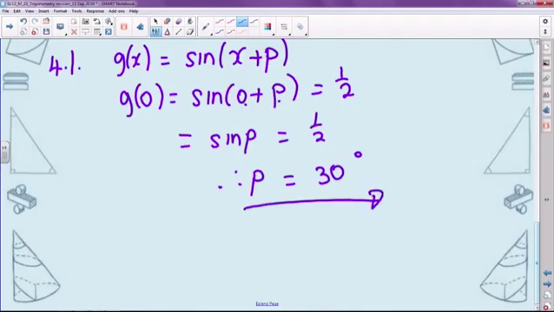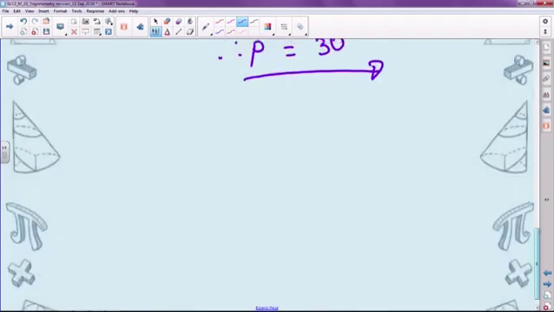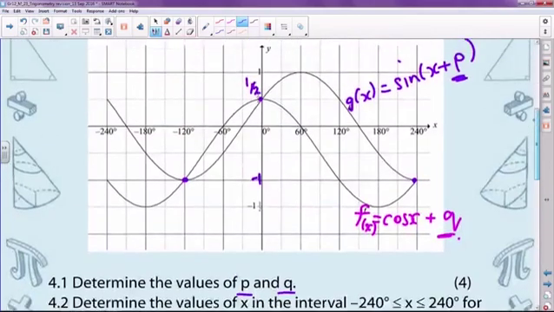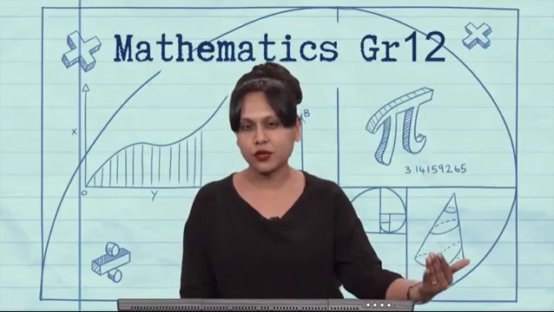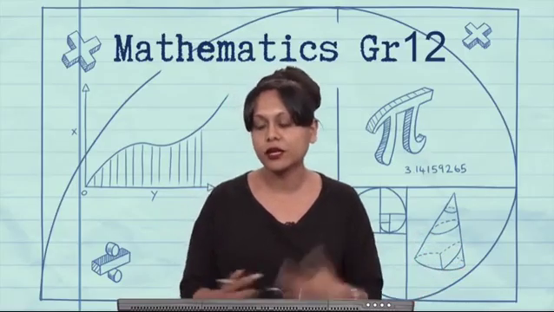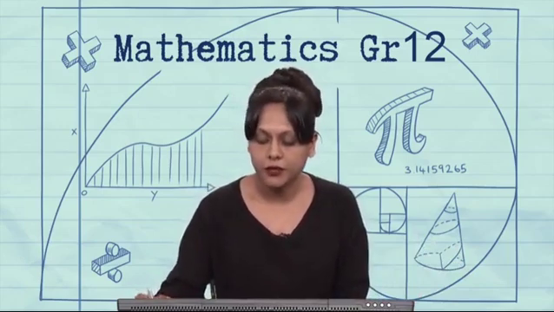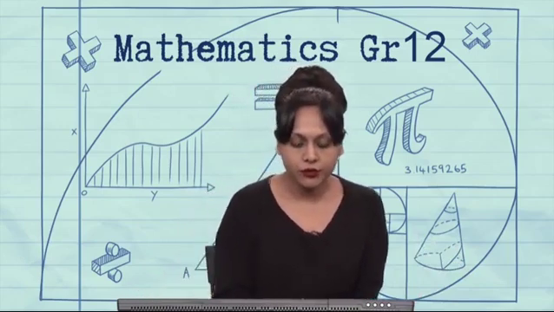You don't even have to worry about what your signs or your values are. It's already correct. So you don't have to now think about, has this graph moved to the right? Has it moved to the left? Although you should be investigating your graphs in that way, using this algebraic method, you get the answer straight away. So it is a quicker way to work out the value of P. So therefore, P is equal to 30 degrees.